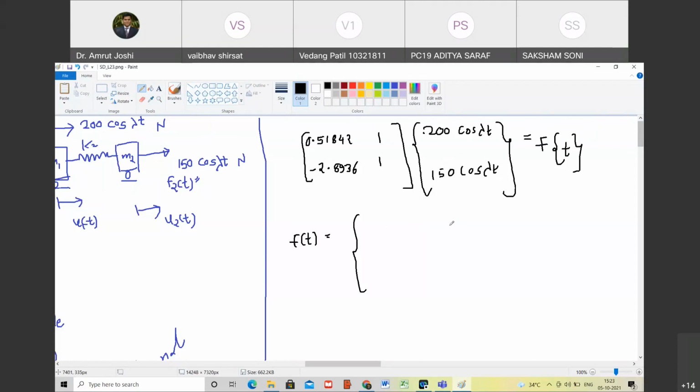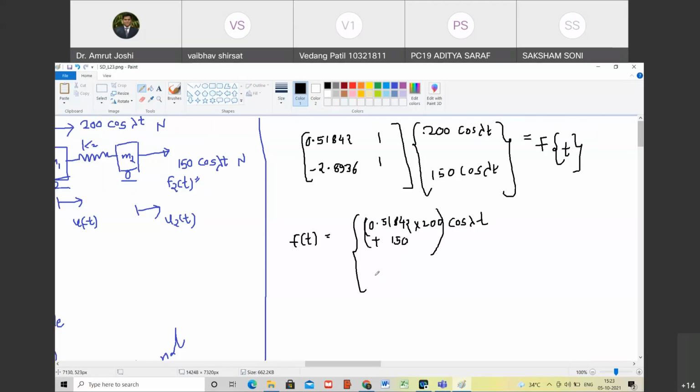So cos lambda t can be taken common. And in the bracket, you are going to have 0.51842 into 200 plus 150.